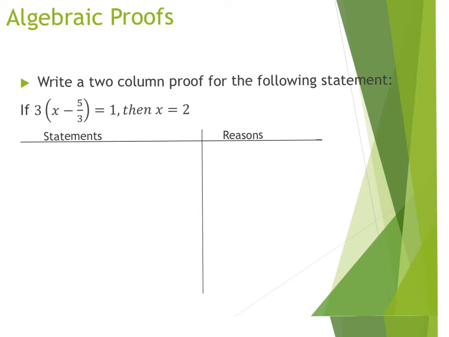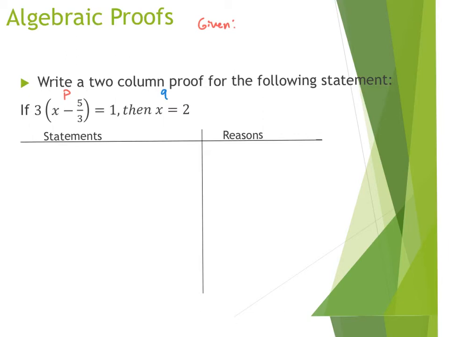That is the hypothesis. Sometimes it'll be given to you actually labeled: this is your given piece of information. But whenever you have a sentence like this, your given piece of information is your hypothesis, which means that this is my given and this is my conclusion. So x equals 2 is what I'm trying to prove.